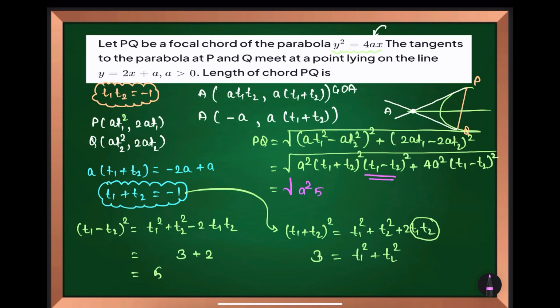So 5a squared, plus 4a squared times t1 minus t2 whole squared, which is 5, so 20a squared. That gives 25a squared, so can I say that it is 5a? So the length of the focal chord is 5a. I hope you got the idea how to approach this question.